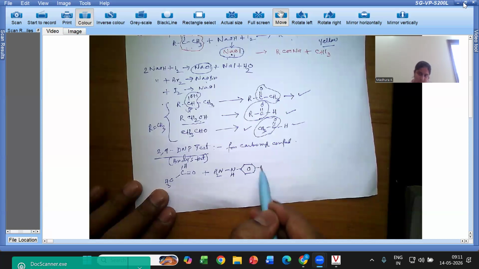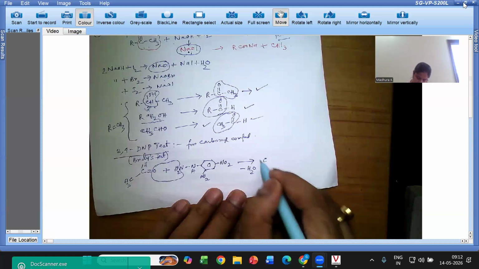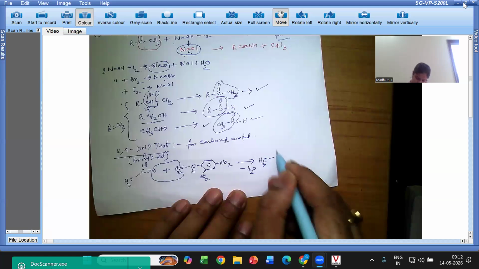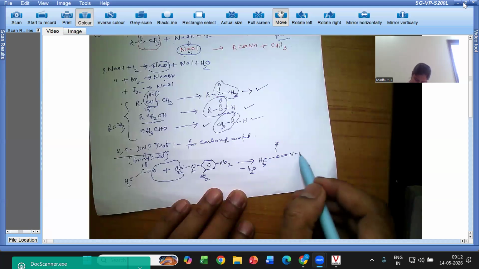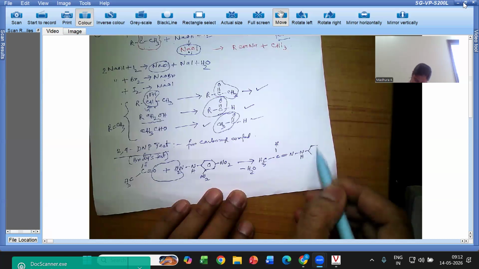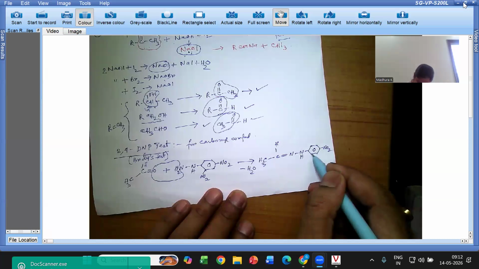Already you have discussed this chemistry before. 2,4 dinitrophenylhydrazine, so we take this as DNP. We get water elimination, and we get the corresponding CH3CH=N-NH with the nitro groups.